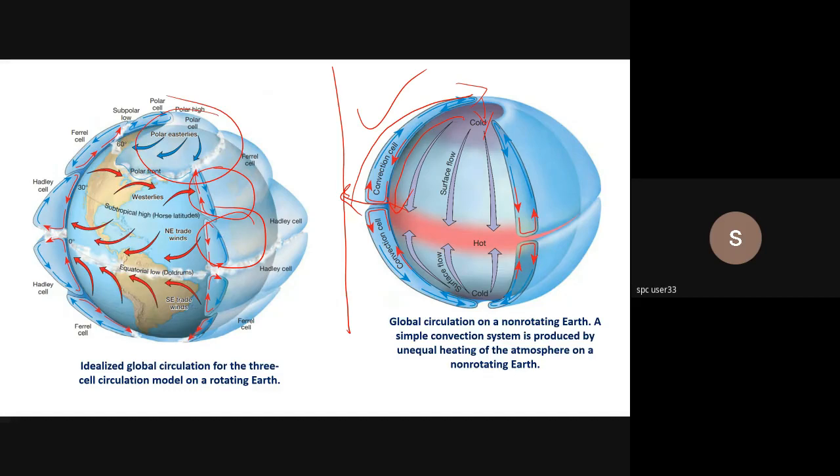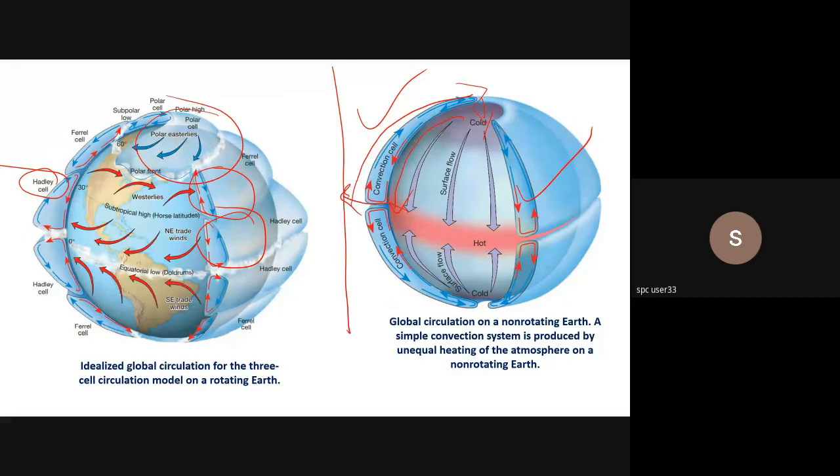And of these three cells, you'll see that the one nearest to the equator is called the Hadley cell. That's how you remember that Hadley gave us this particular idea. But later, when we found this out, he was honored by naming this particular cell by his name.